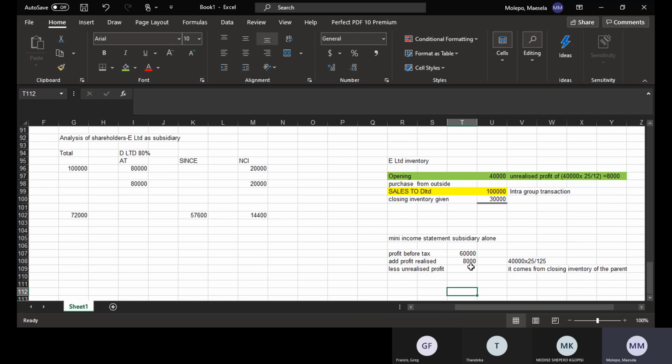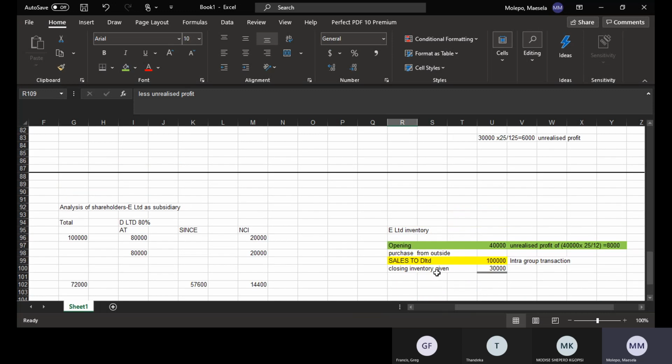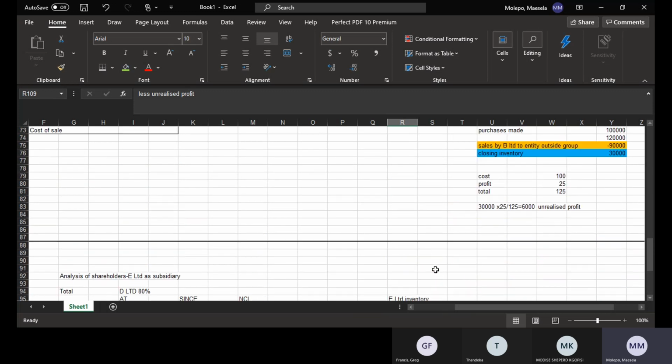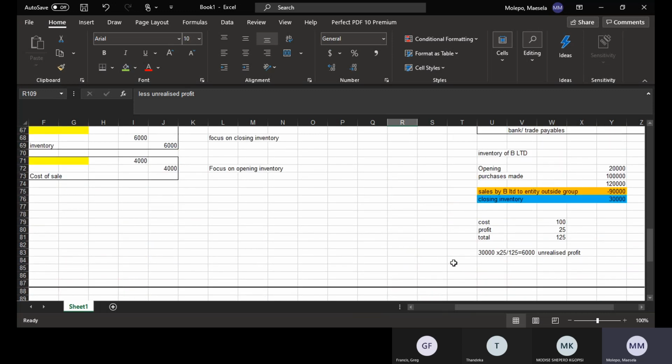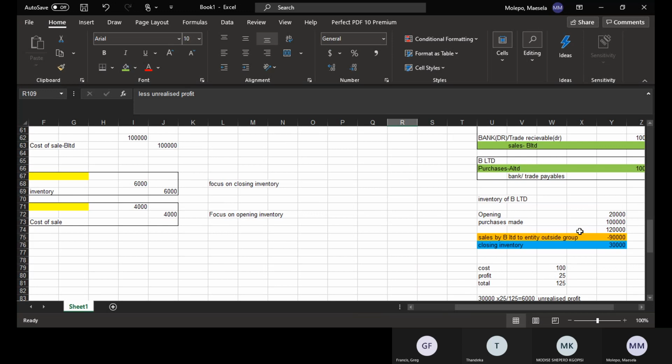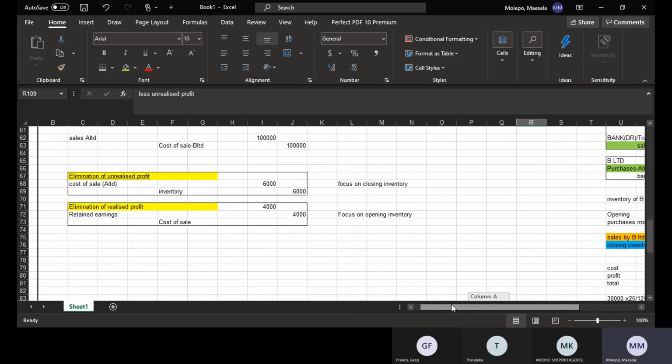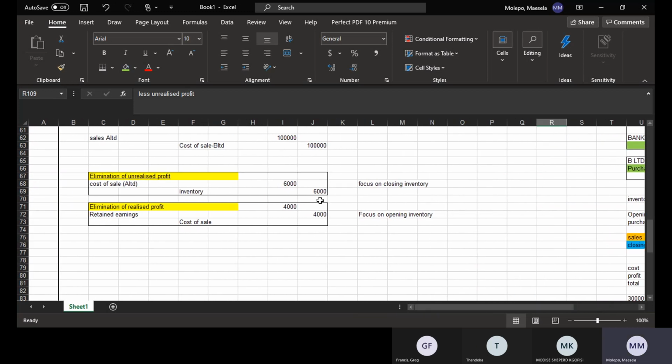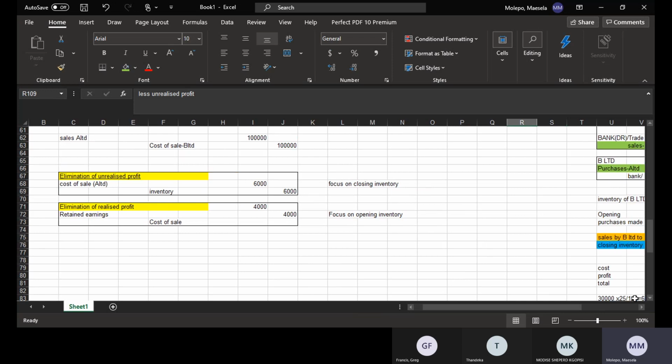So this is unrealized profit because the parent has not yet sold that particular inventory. You're going to sell it next year. But remember, on the other side, when the parent was selling to the subsidiary, we had an unrealized profit of 6,000 because it was still going to be sold in the following year.